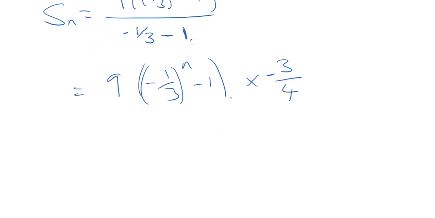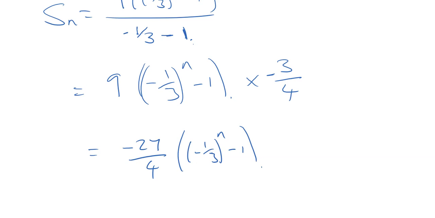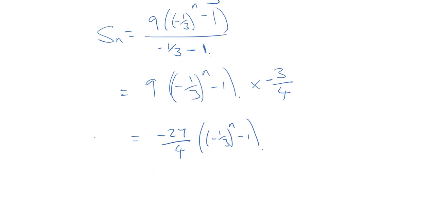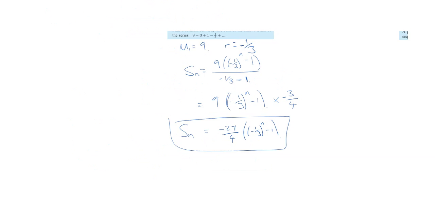I'm going to use that little inverse trick to help us out here. So if I think about multiplying that by the 9, I'm going to get negative 27 over 4, and I'm going to have minus a third to the power of n minus 1 there. And I'm probably going to stop there. That'll do. Our formula is there for us.